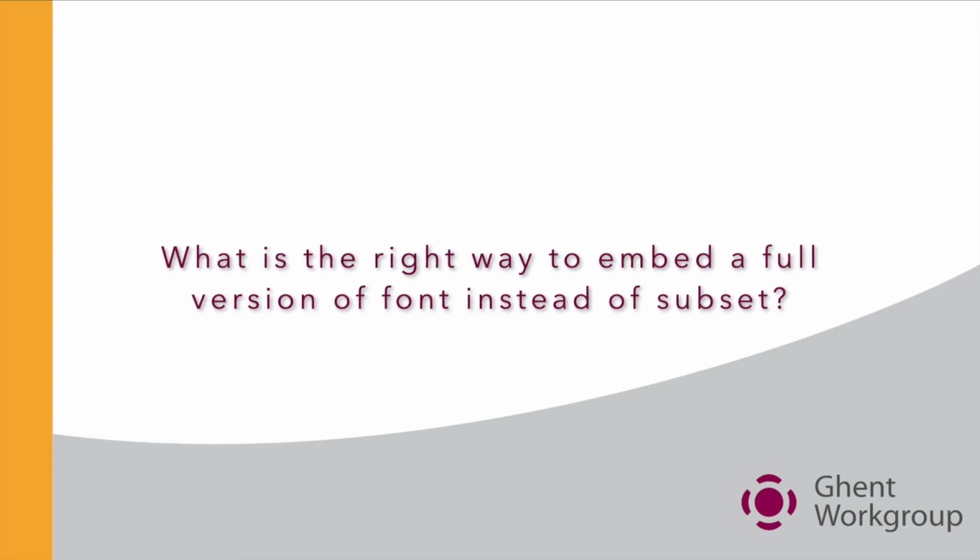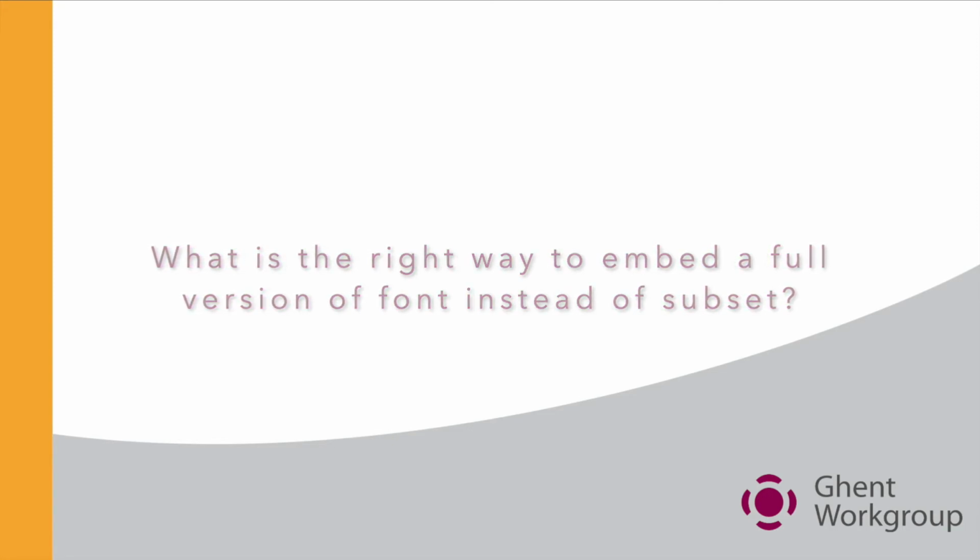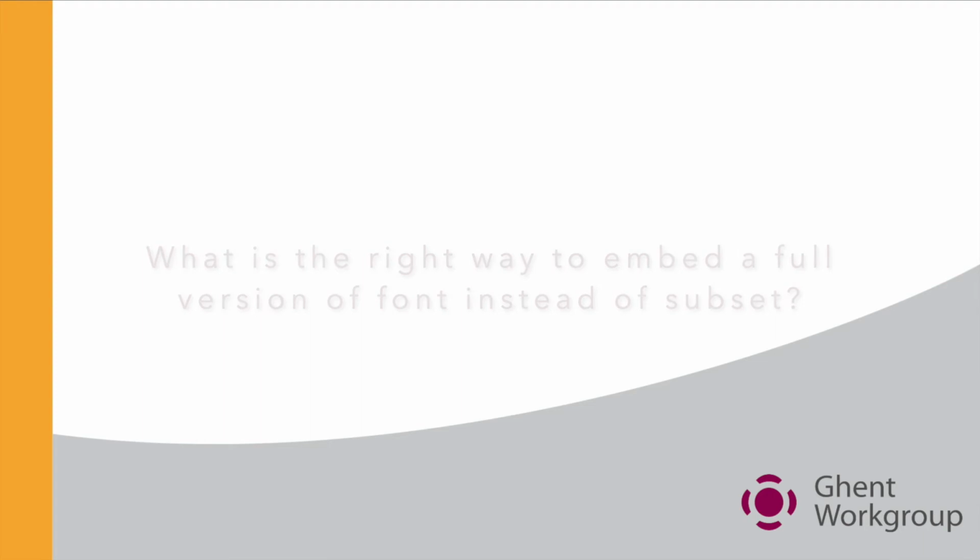So in that case, you just have to set it to 0, which means that in all cases you'd get a fully embedded font. Be aware that sometimes with some fonts, it can happen that even if you ask to get a fully embedded font, you will end up having a subset, and there's nothing we can do against it.